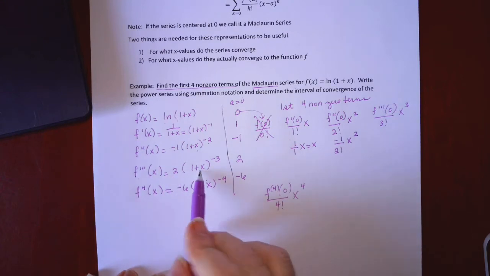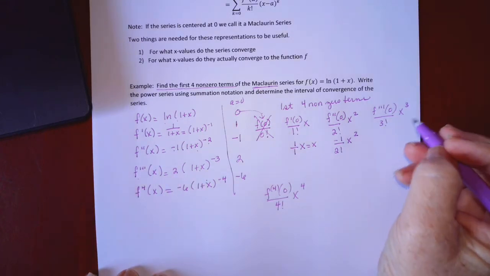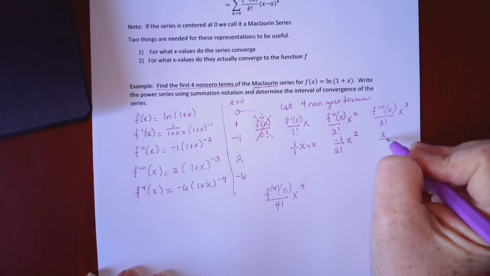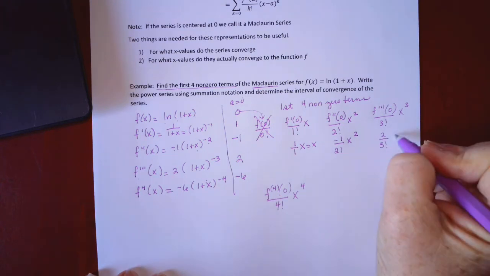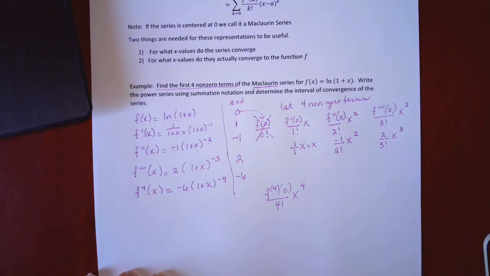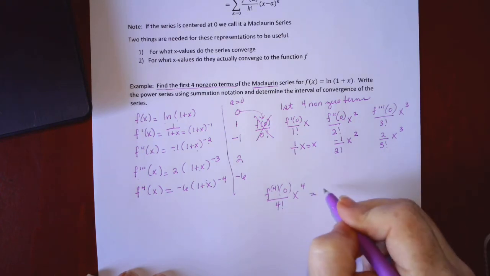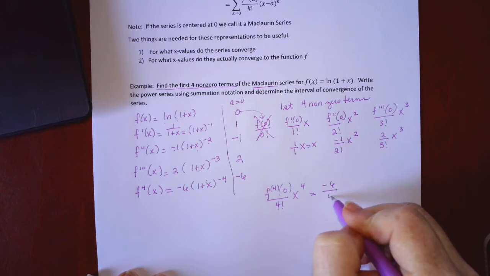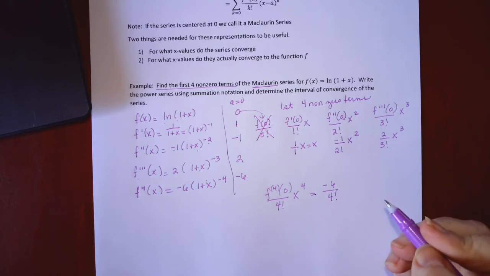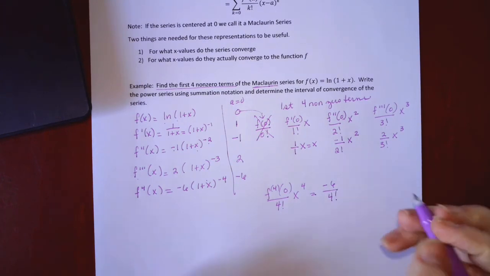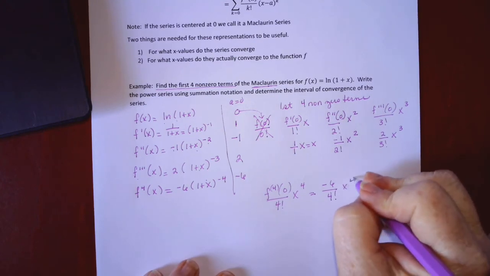The third will be positive 2 over 3 factorial times x cubed. And the fourth is negative 6 over 4 factorial times x to the fourth.